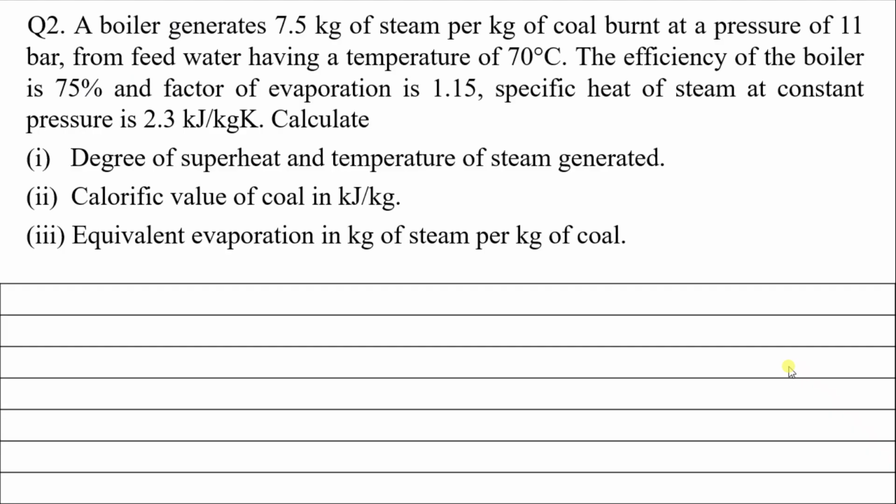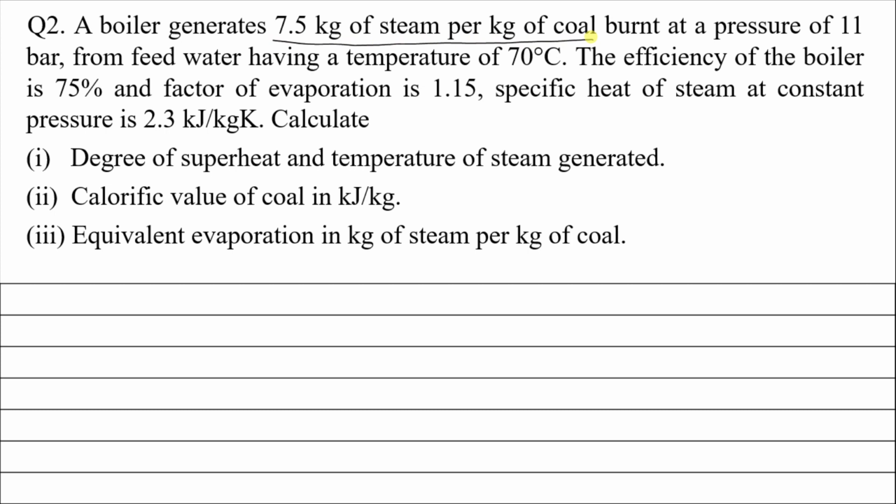In this problem, we have a boiler generating 7.5 kg of steam per kg of coal. This is my mass of steam, represented in a different way.